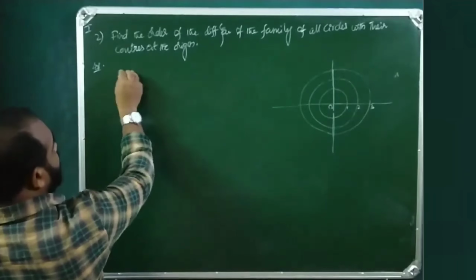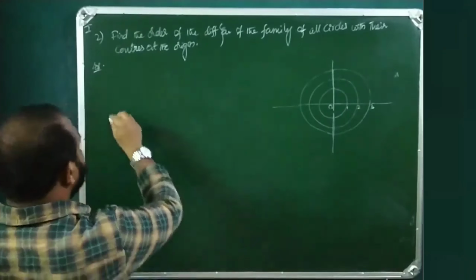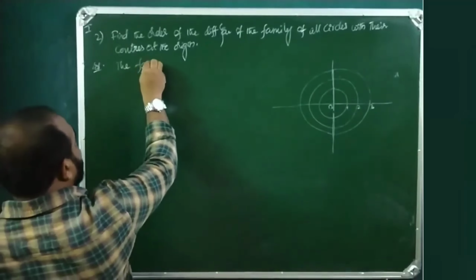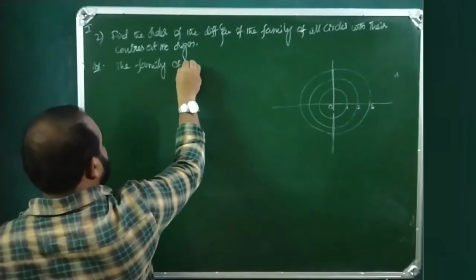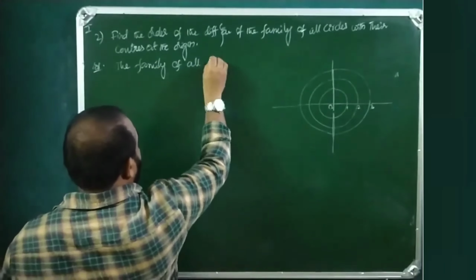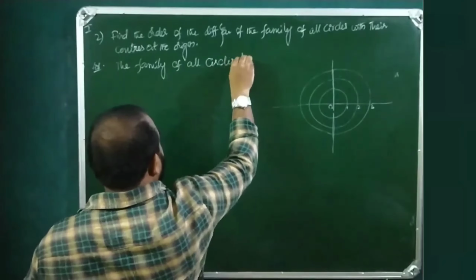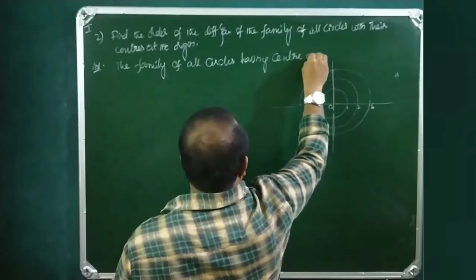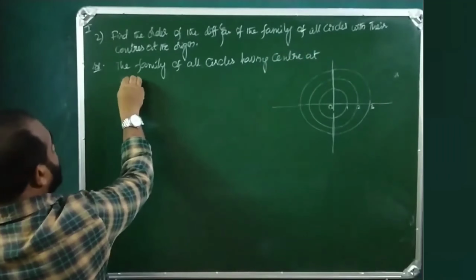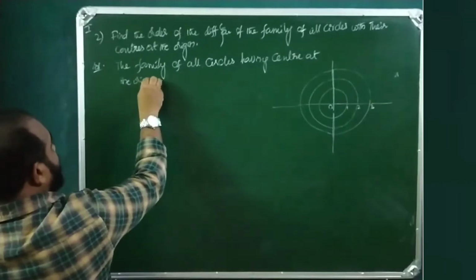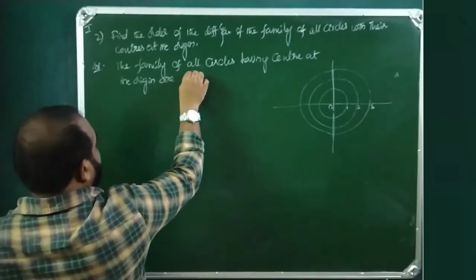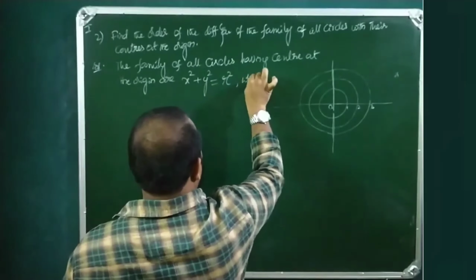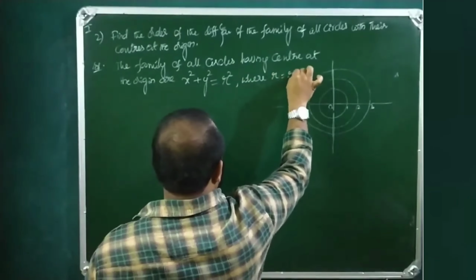So the solution: the family of all circles having center at the origin are x square plus y square equals r square, where r is the radius.